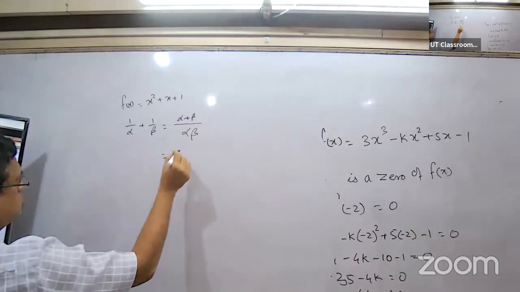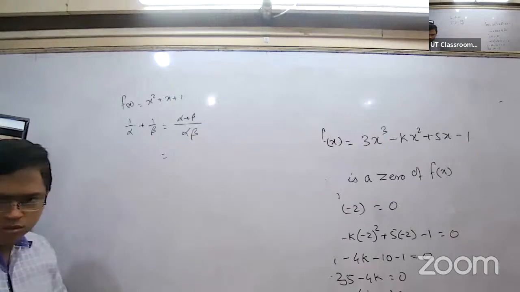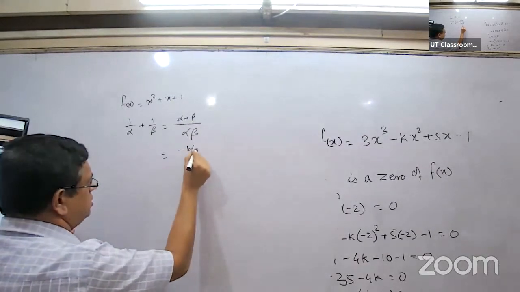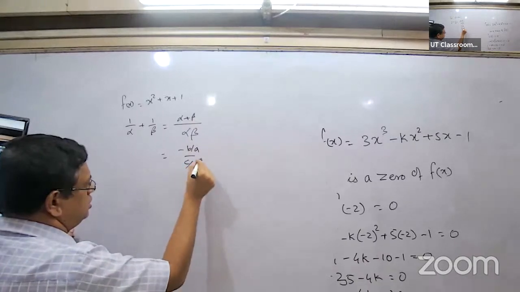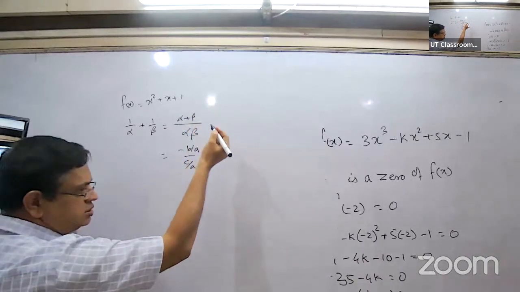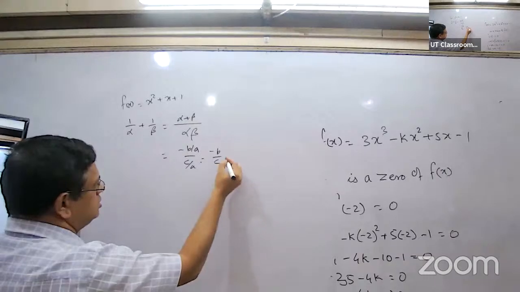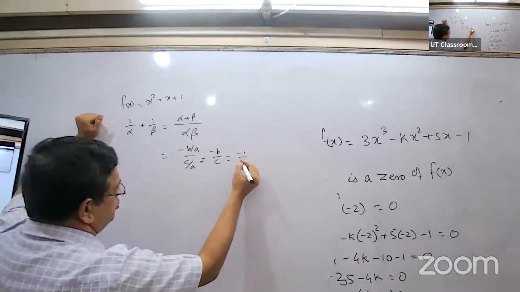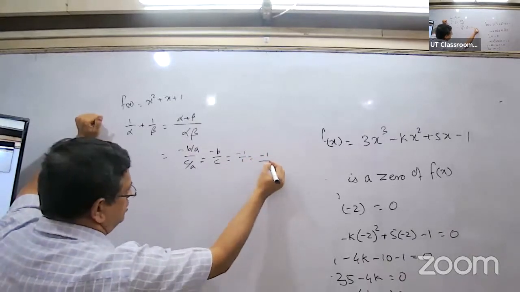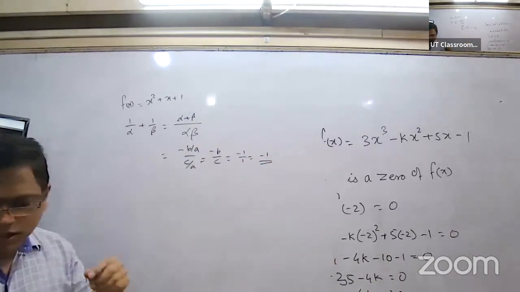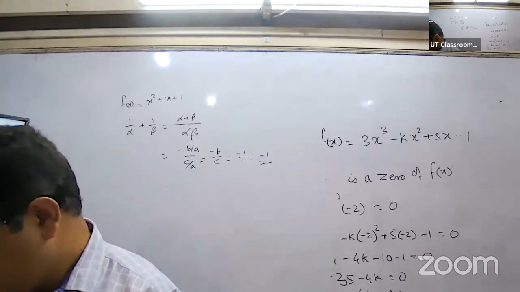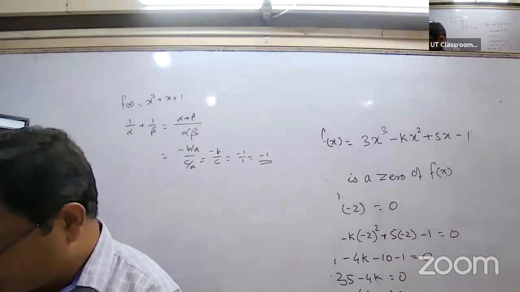So this is minus b by a upon c by a. Even if you want to cancel, you can cancel. Minus b by c, that is equal to minus 1 upon 1. Answer is minus 1. All of you got the answer minus 1? One answer got wrong. Okay, one you got.